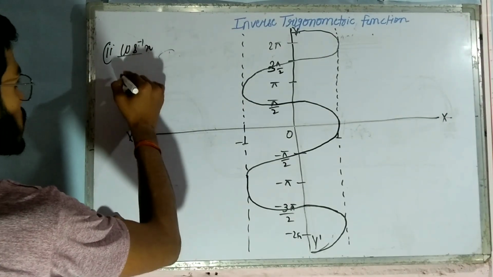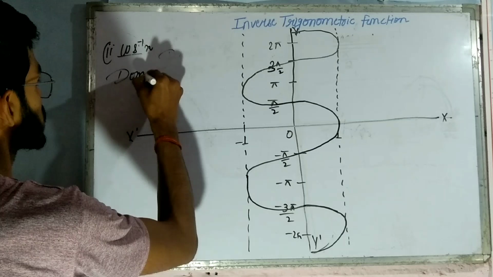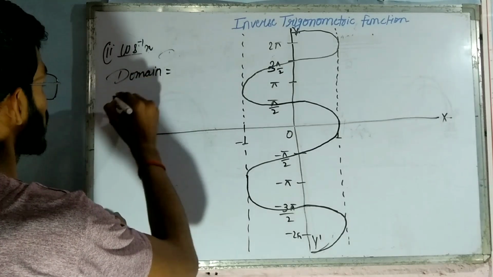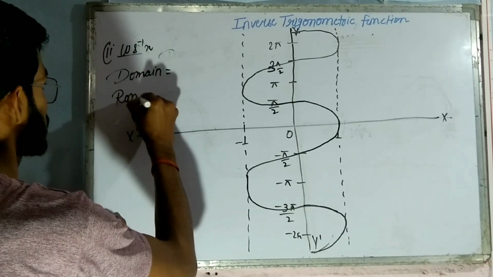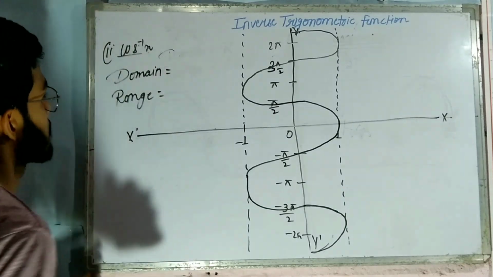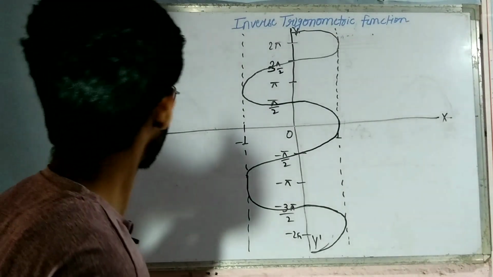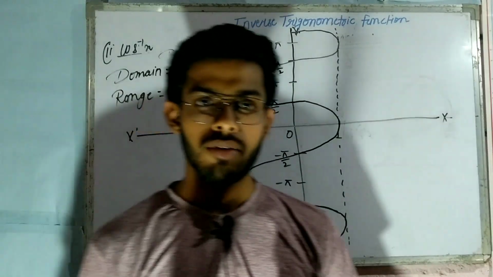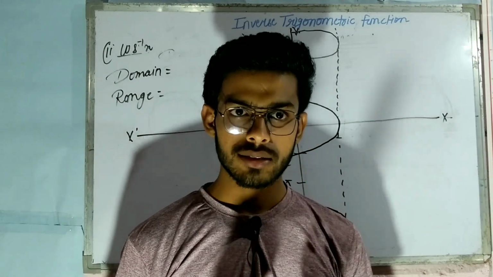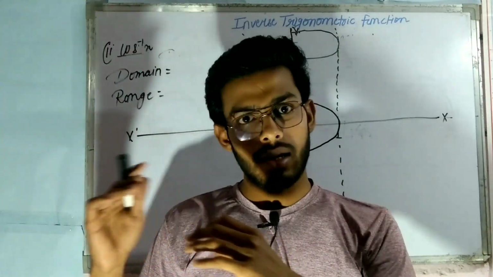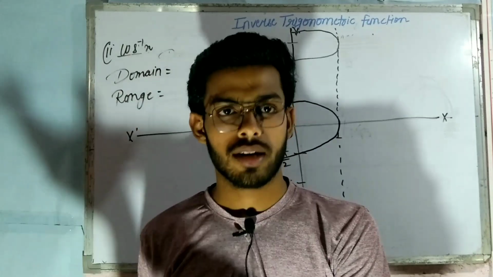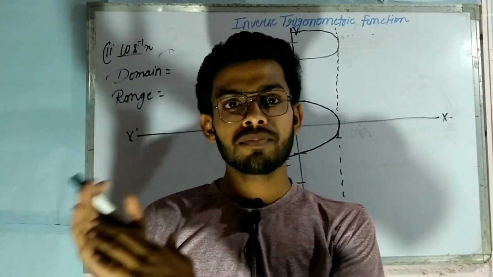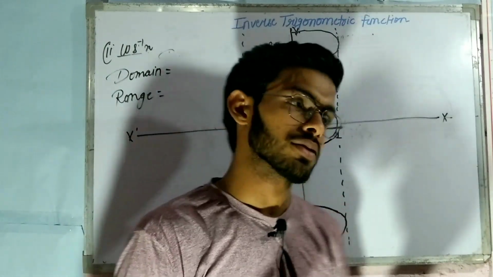Now we see its domain and its range. Remember that I have already told you in the previous class that the range of a trigonometric function is the domain of the inverse trigonometric function.